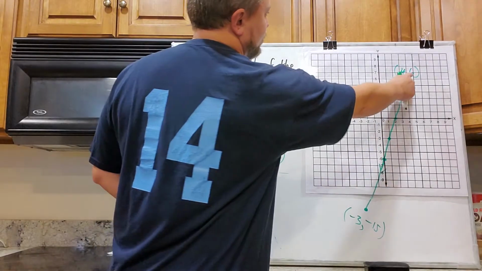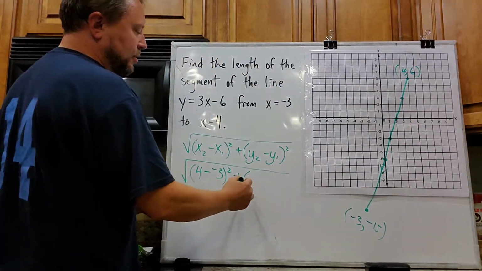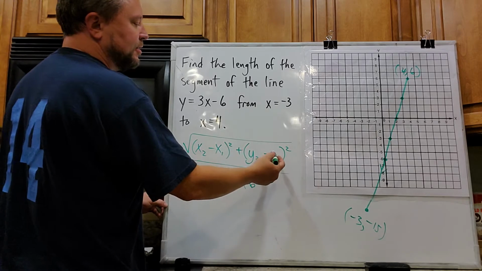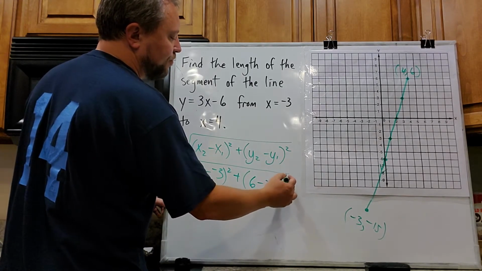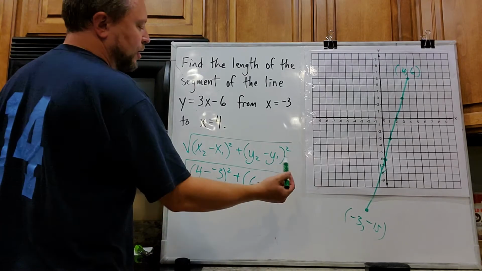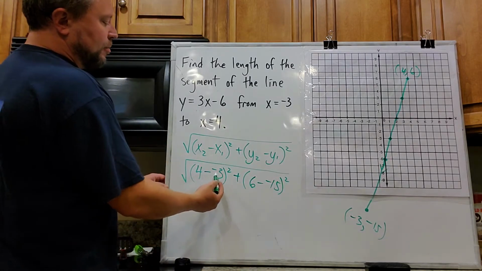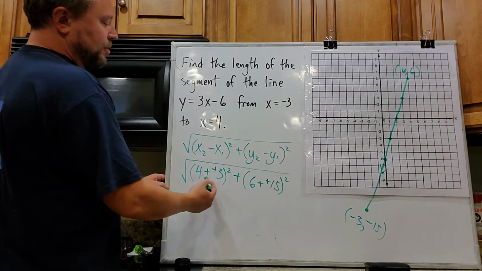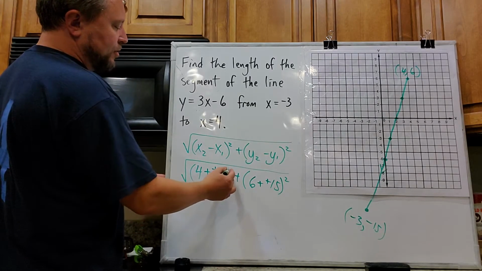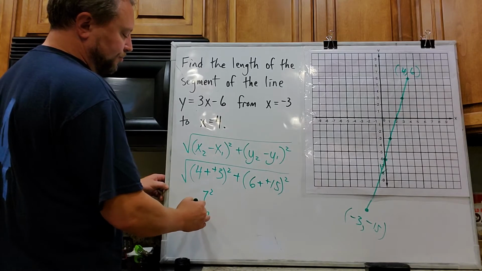I've got y values of 6 and negative 15. So I'm going to take that 6 and the negative 15, and like it says here, subtract them and square them. Alright, I've got double negatives here, double negatives there. 4 plus 3 is 7. 7 squared is 49.